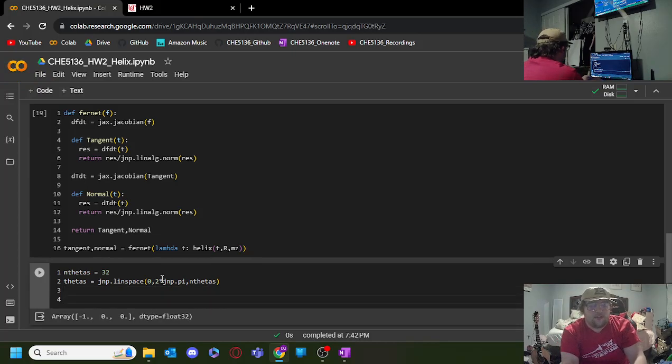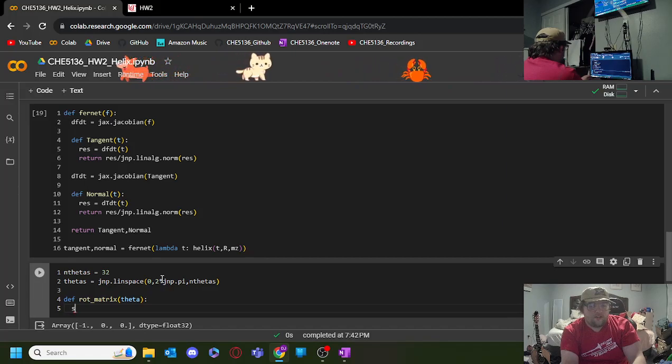After that, what we can do is we need to make a rotation matrix function. So def rotation matrix, theta.